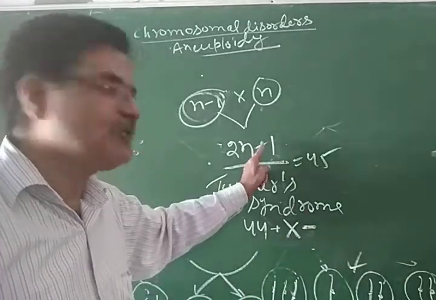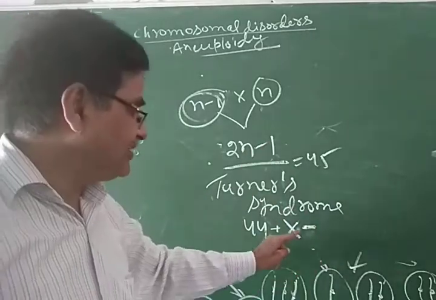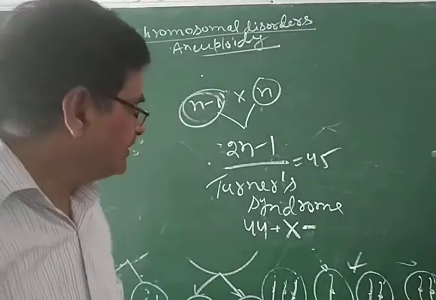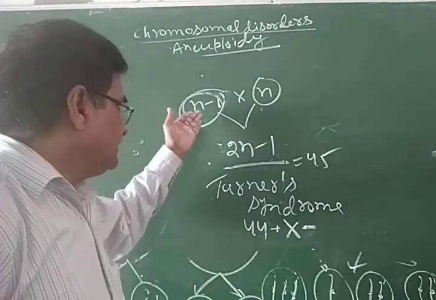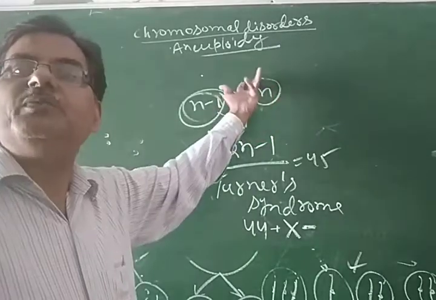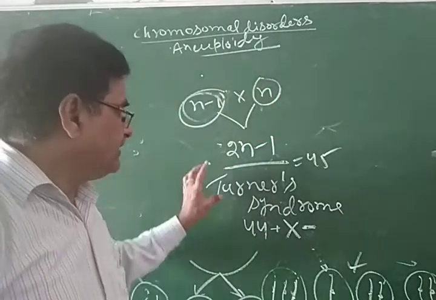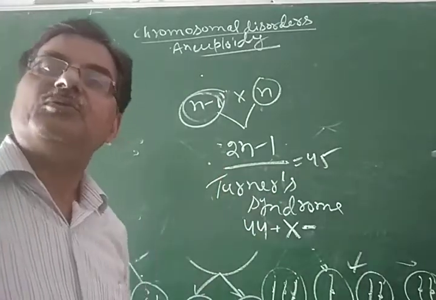That is 1 chromosome less. So suppose this is the condition, or we can take the opposite also. This is the cause of Turner syndrome.